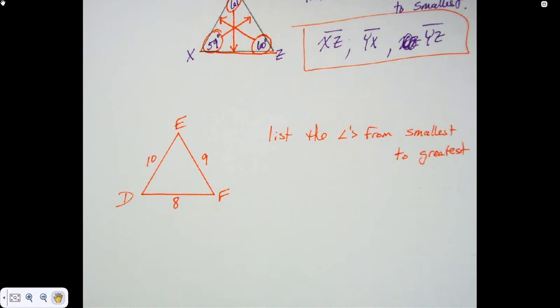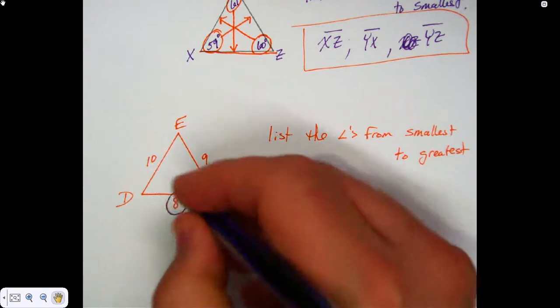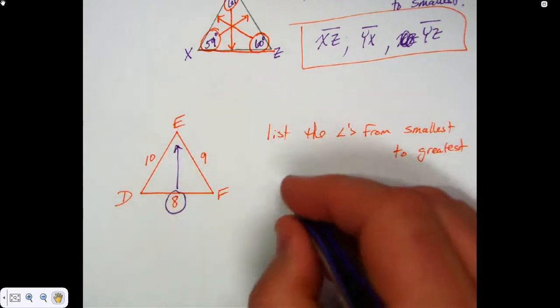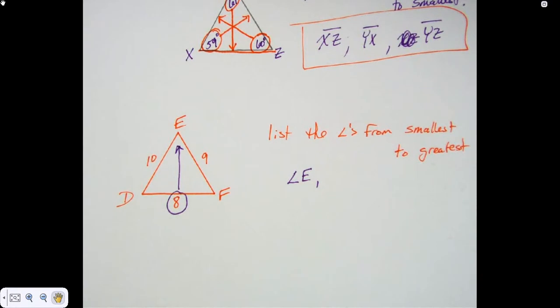So what's going to be the biggest angle? We could think biggest or smallest, however you want to think about it. Which one's going to be the smallest angle? E. Why? Because it's holding the smallest what? Side. So our smallest is angle E, and you have to write it exactly like that.